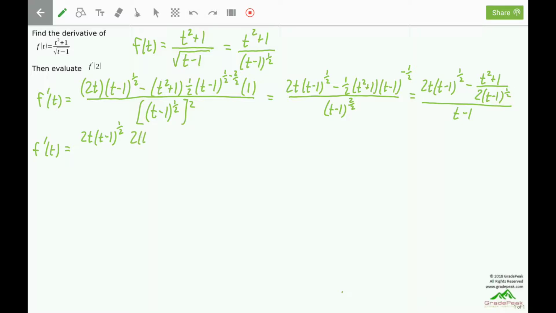So we're going to multiply this by 2 times t minus 1 to the 1/2 over itself, a form of 1, in such a way to produce the common denominator so that we can combine it with this other term that already has that denominator. So I'll just rewrite that other term again. And then all of this is over t minus 1.